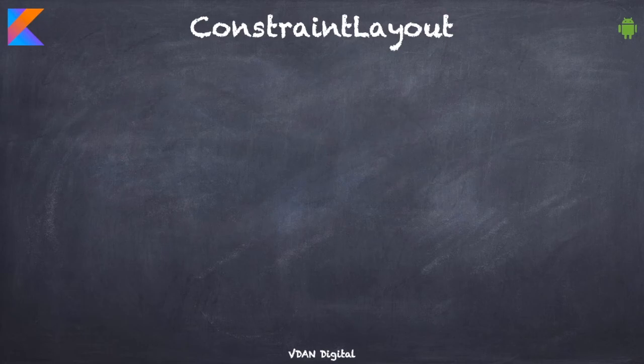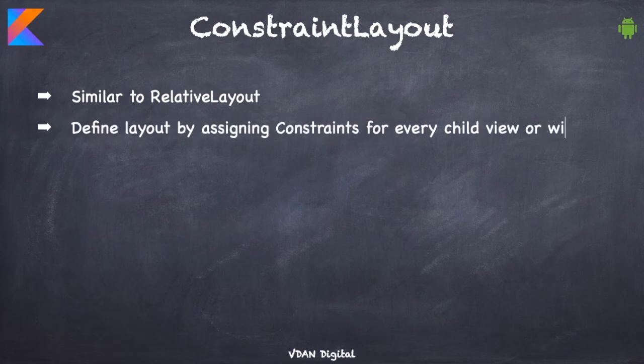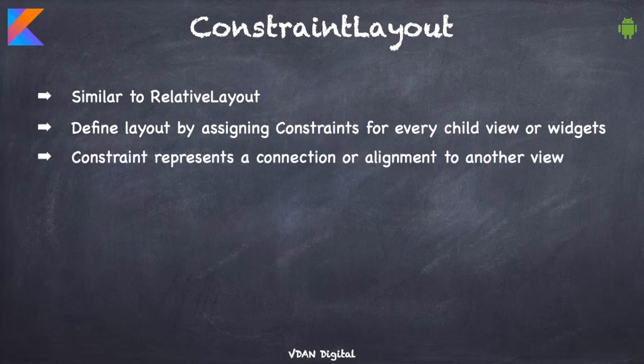What is constraint layout? This layout is similar to relative layout. You can define this layout by assigning constraints for every child view or widget. A constraint represents a connection or alignment between two views or two view groups or multiple view groups.